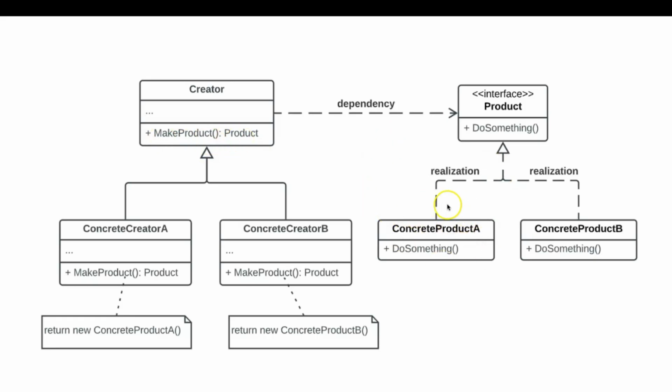And both concrete product A and concrete product B implement the product interface. So the interface product defines a common contract that all products, whether concrete product A, concrete product B, or future products, must follow. And in the diagram, this contract is represented by the method doSomething.